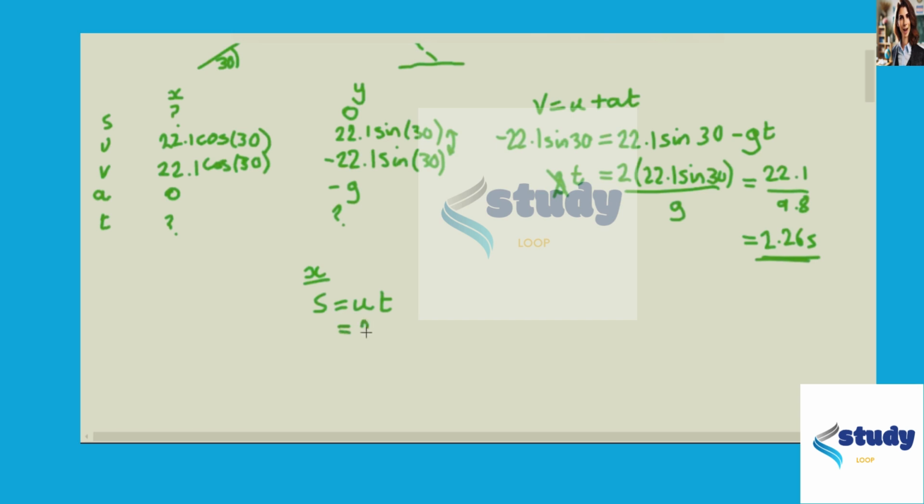And so that is 22.1 cosine of 30 multiplied by 2.26. Now we put this into a calculator and find the answer is 43.3 meters. And this is how far the target needs to be away.